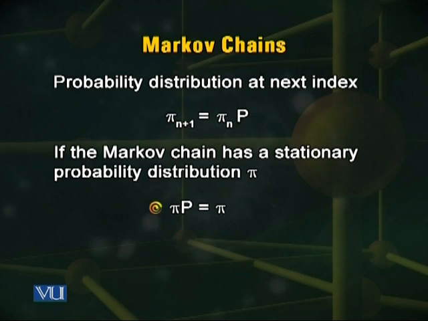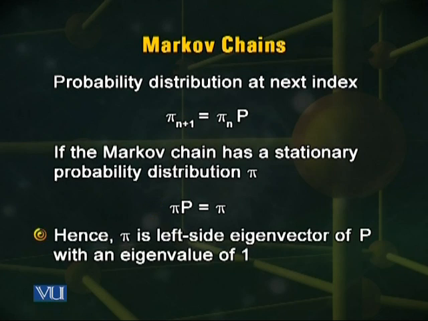If you look carefully at this equation, it says that pi is a left-side type eigenvector, in terms of eigenvectors and eigenvalues, for a square matrix like P. If we multiply P with a certain vector and get the same vector back or its scaled multiple, then we call this vector the eigenvector, and that scaling factor is called the eigenvalue.